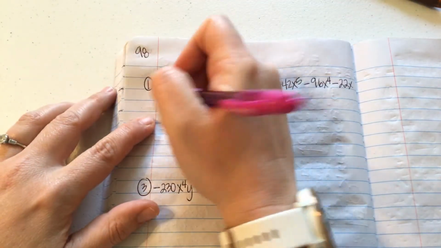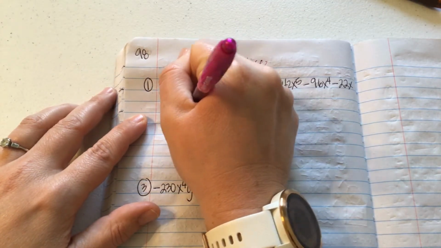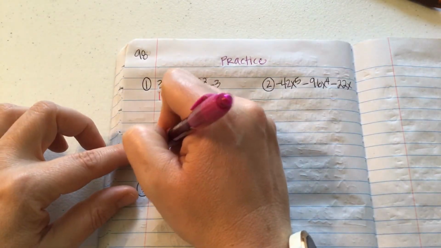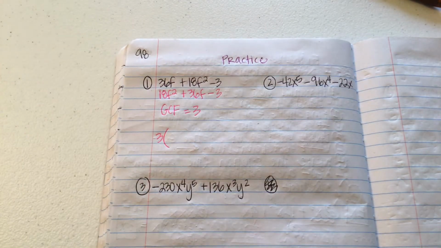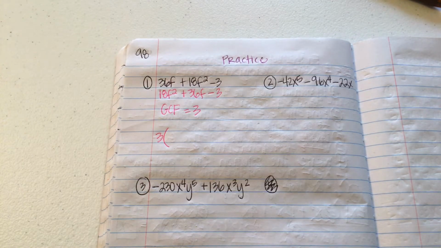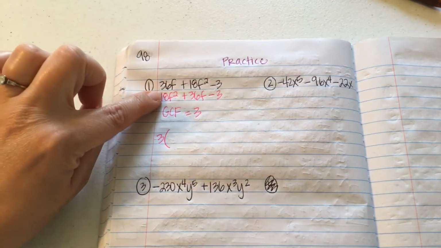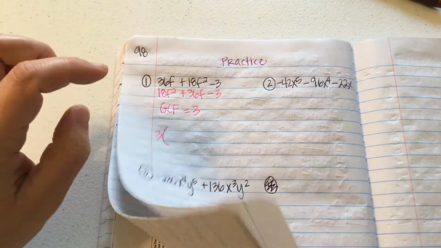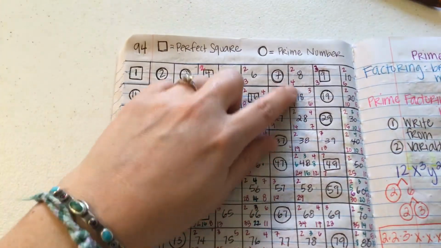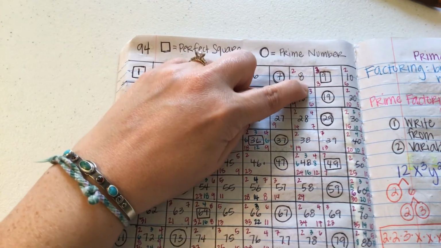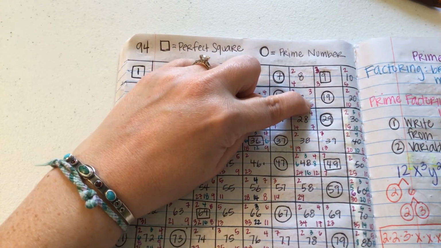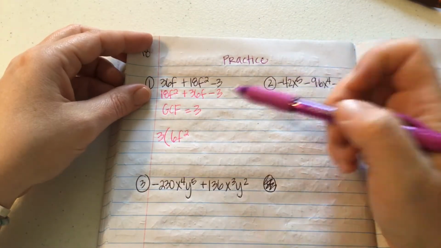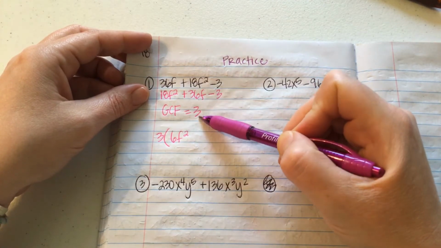So my GCF is 3. My solution is going to be 3 on the outside of the parentheses, and I'm going to divide each term by the greatest common factor. 18f squared divided by 3. 18 divided by 3 is paired up with 6, so that's 6f squared. 36f divided by 3.